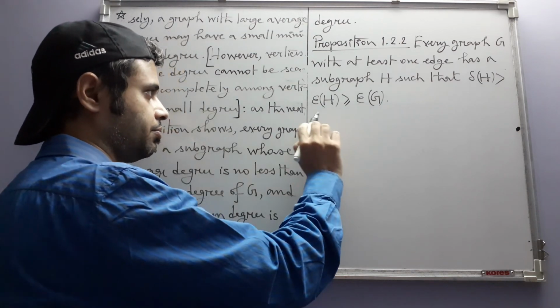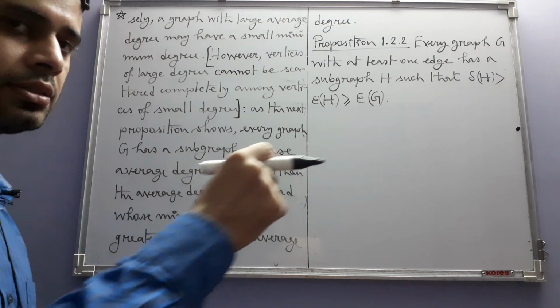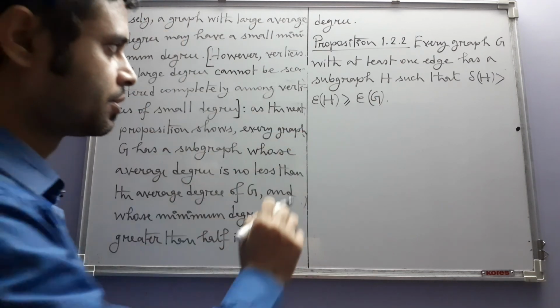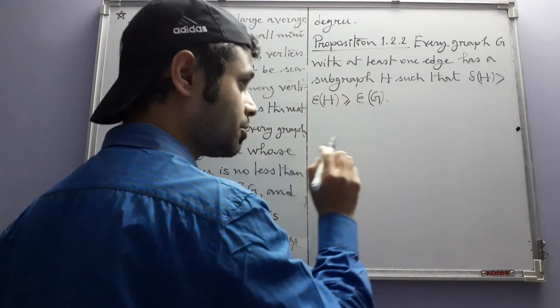But one problem with this is that when you remove a vertex, the edges incident with that vertex also get removed. Those edges contribute to this ratio positively.